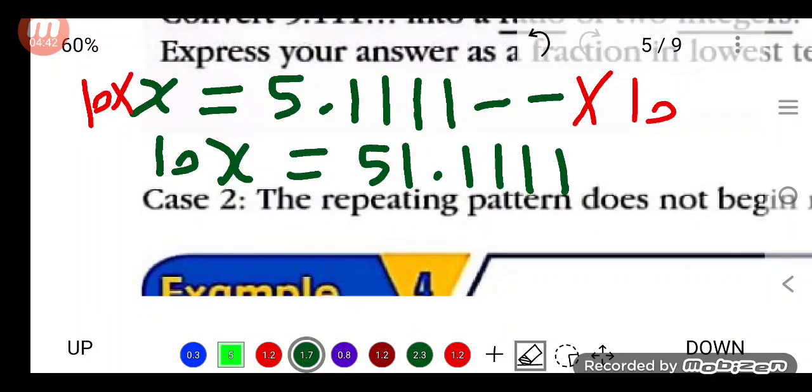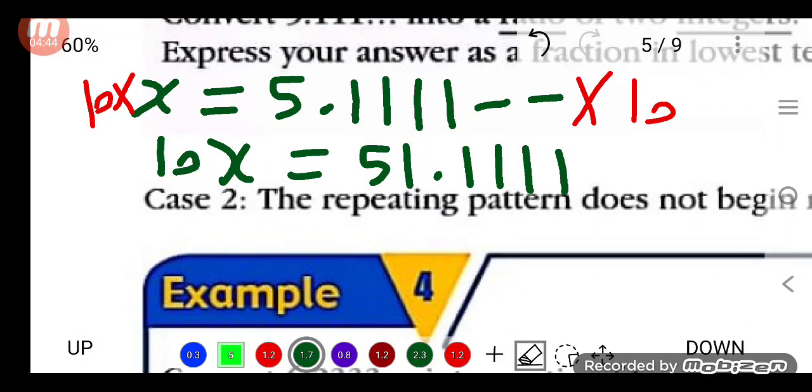Next step, we subtract these two amounts. So let me arrange them under each other to subtract them. In order to do that, you have to arrange decimal under decimal.